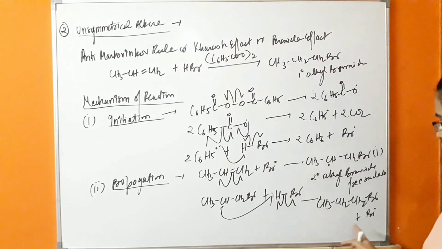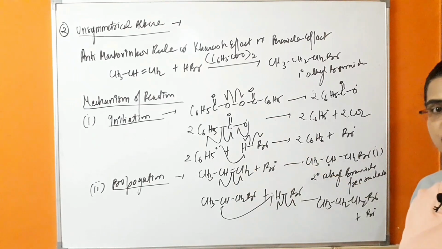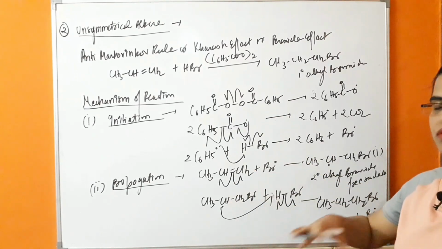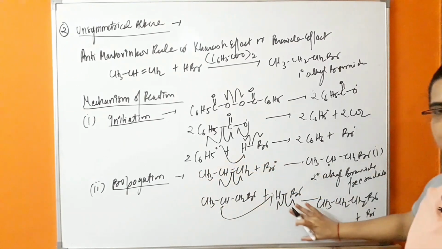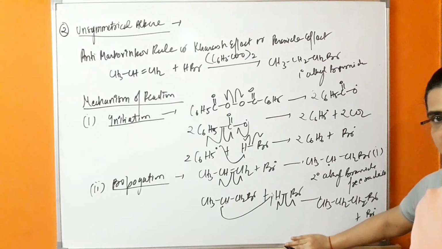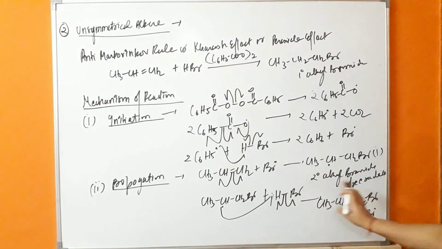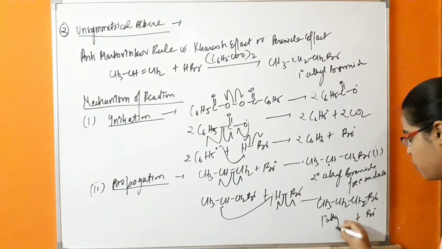Because of that, this reaction will be a chain reaction. This reaction will not stop till all the free radicals generated in the propagation are terminated. So in this case, the alkyl halide obtained is 1 degree alkyl bromide.